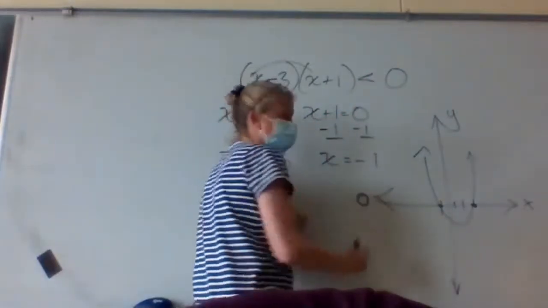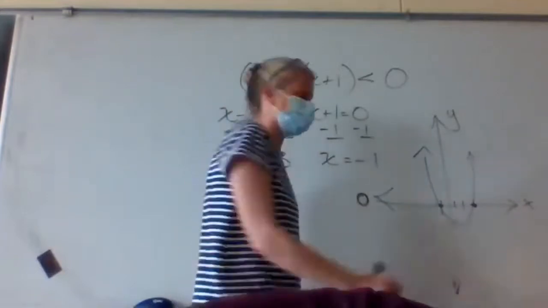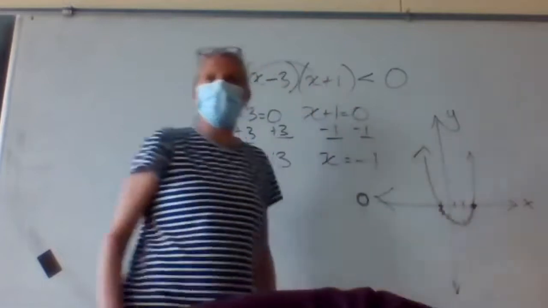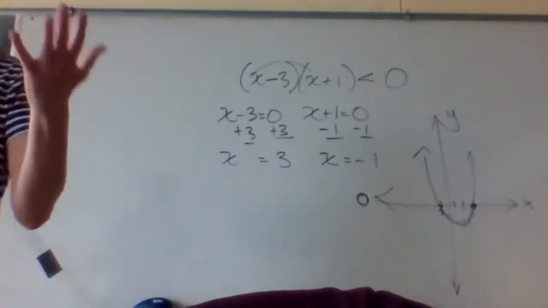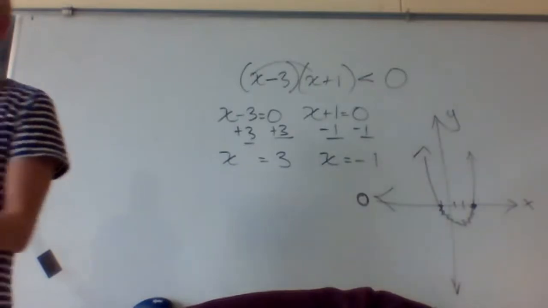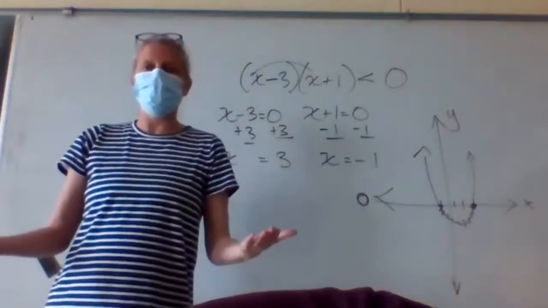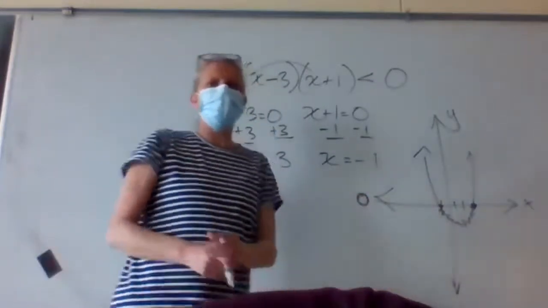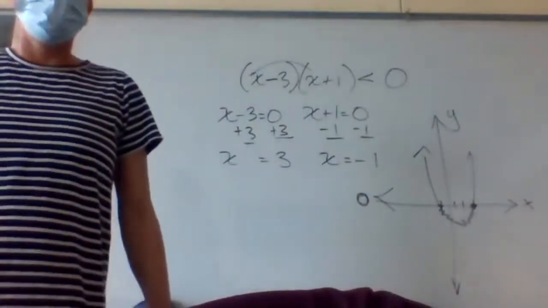Now, it wants to know on what interval is the graph less than 0. Here's 0, your x-axis. So what part of the graph is less than 0? All that right there, right? That's the part of the graph that is below the x-axis in the negative area. So when I'm doing the interval notation, this is where we use the x's.